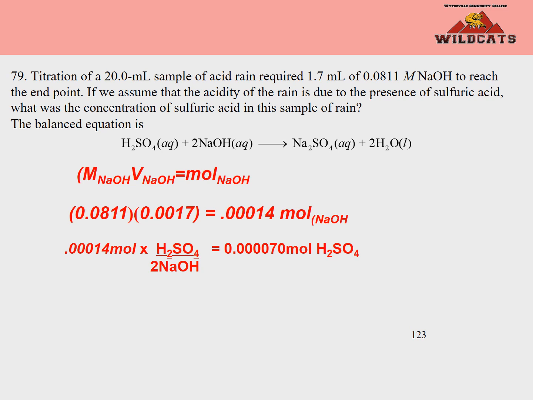We can then convert that to the moles of sulfuric acid. We're then going to divide this by the 20 milliliters, or 0.020 liters. Notice in this one, instead of me just putting the volume underneath, I've turned that into a conversion factor, where we multiply by the inverse, and we end up with 0.035 molar sulfuric acid.